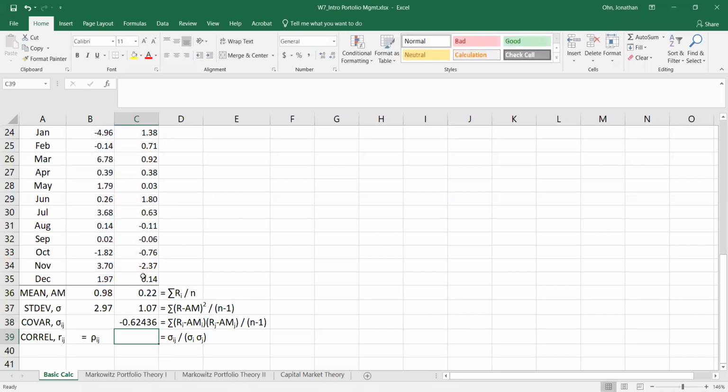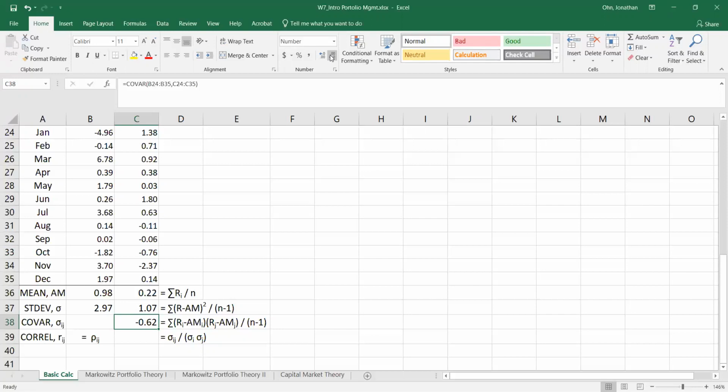All right, what do you see? We have negative 0.62%, negative 0.62.